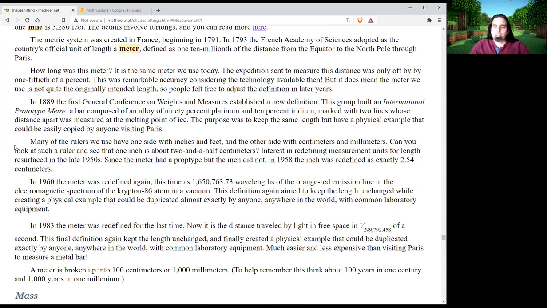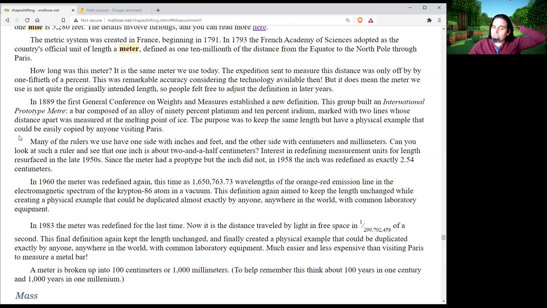And they marked with 2 lines a distance apart that was the official meter. So anyone could visit Paris and borrow this for a moment and mark on their own bar how far apart a meter was, and take it back home, and then we could all make things that were the same size for our laboratory work.